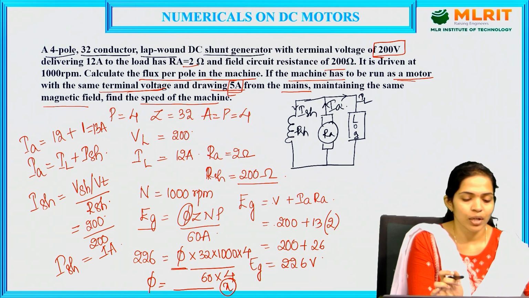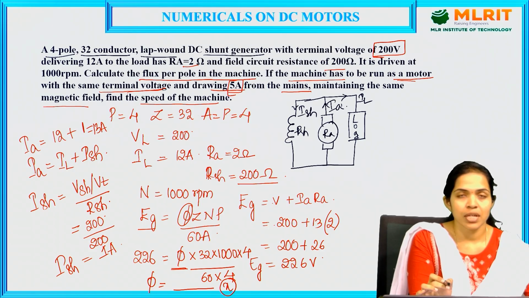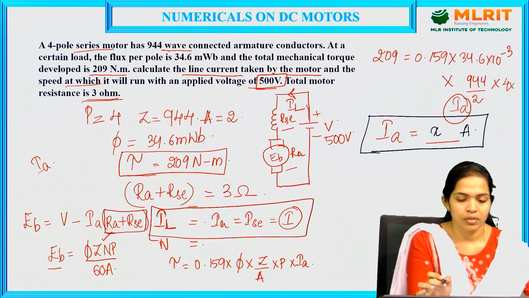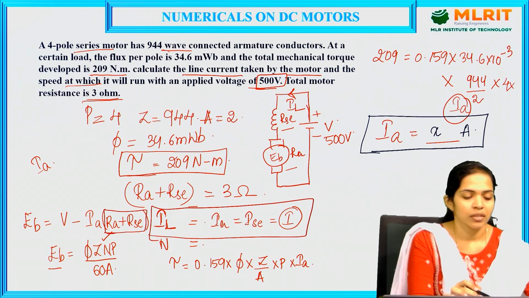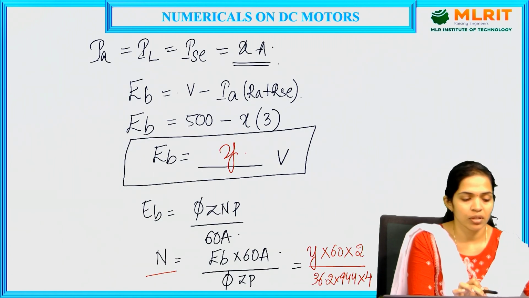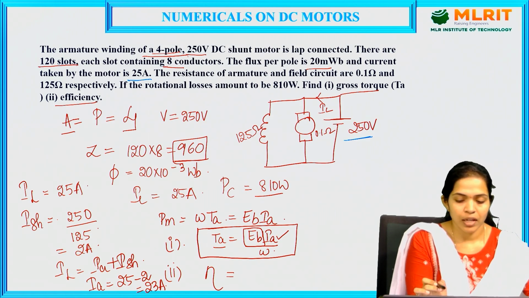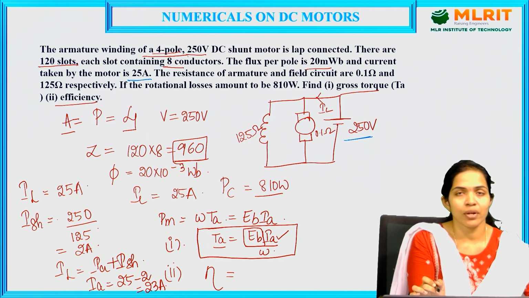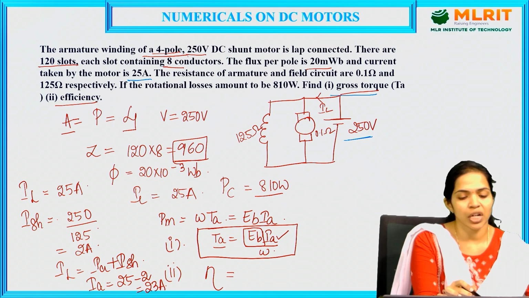Then we have calculated the numericals for the same DC machine running as generator and motor for different values of armature current. Then we have calculated the line current for the motor for DC series motor. So we have covered the 3 types of motors: compound motor, series motor and shunt motor. Then we have calculated the efficiency calculations and gross torque by calculating the armature torque which is developed across the armature for shunt motor.